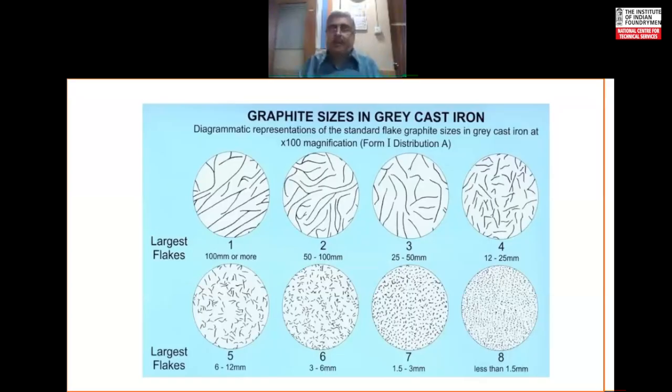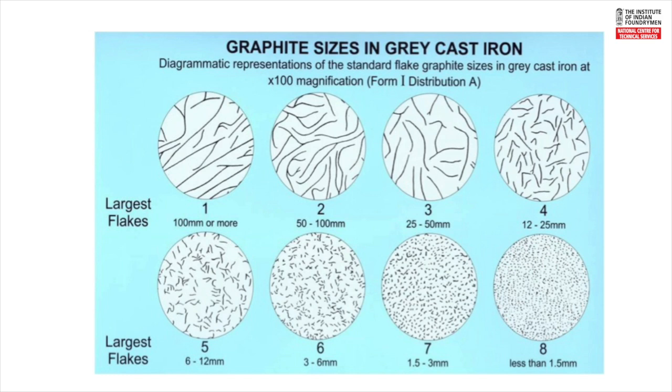A4 it said, which means a flake which is 12 to 25 mm average length at 100 magnification. Now, whether you want A4 or A6 or A2 is really decided by the service conditions of the component and the strength levels required at critical areas in the casting section.